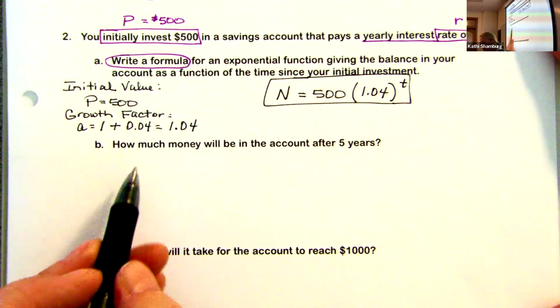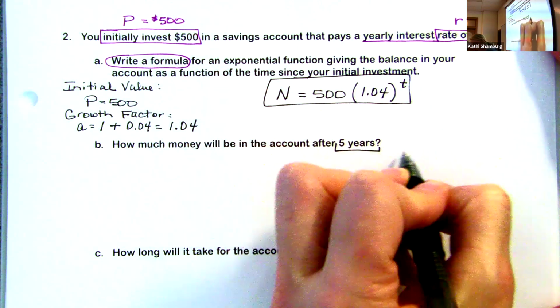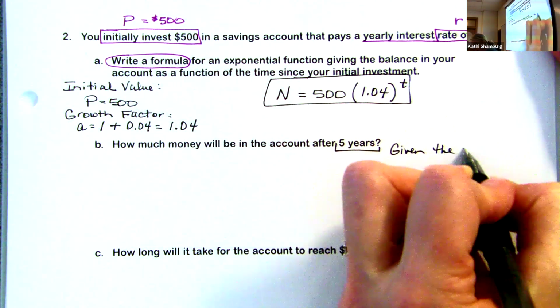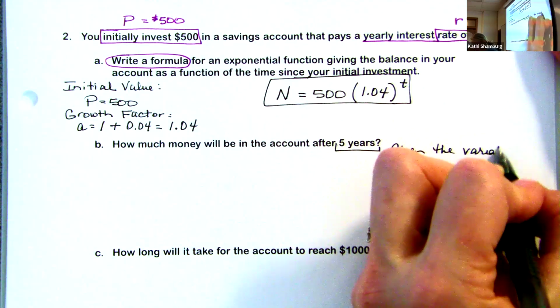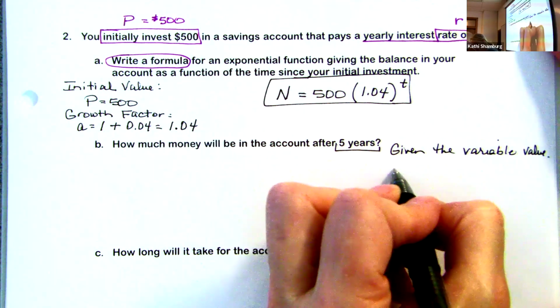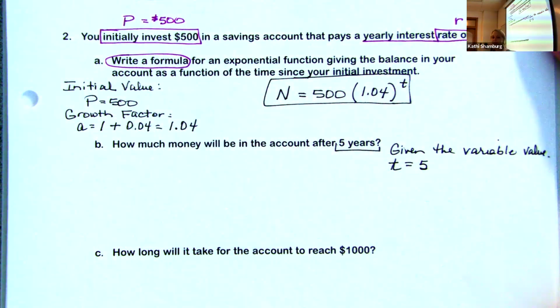All right, how much money will be in the account after 5 years? What is given? Both are correct. The variable value, and I heard somebody say T, and that's what our variable value is. And it's not cents a day, so we just use 5.